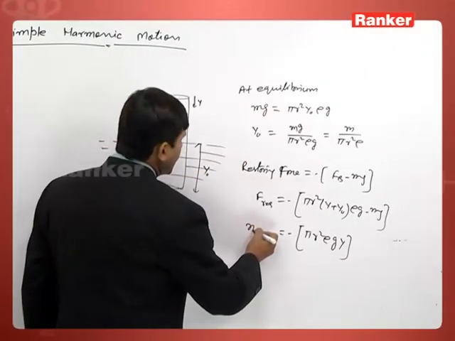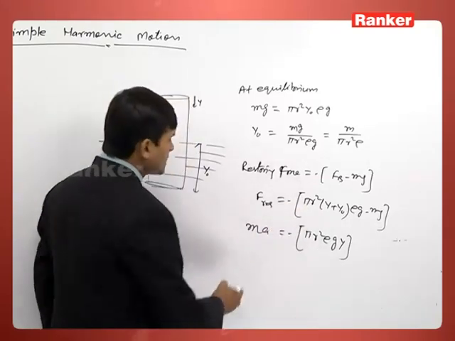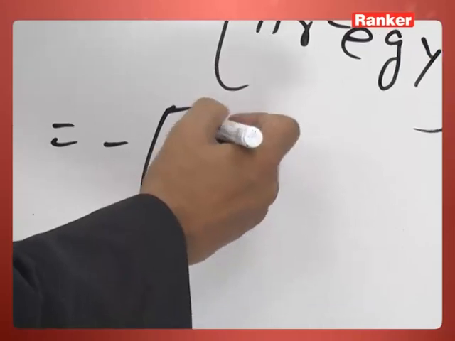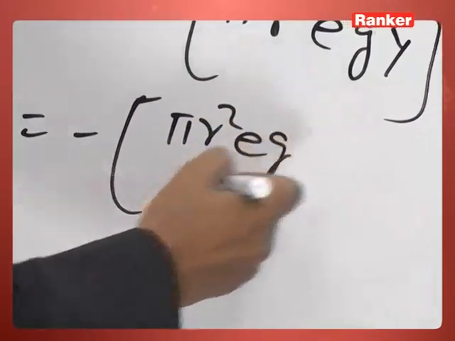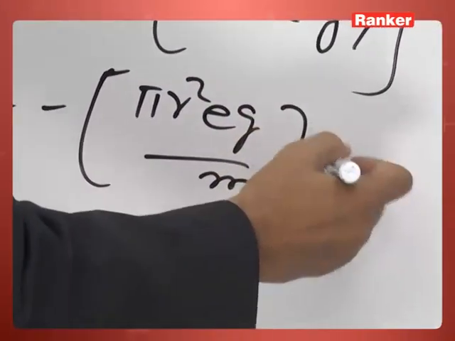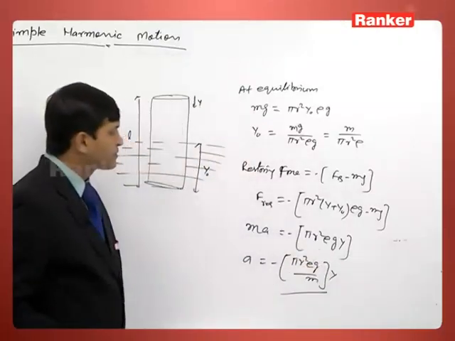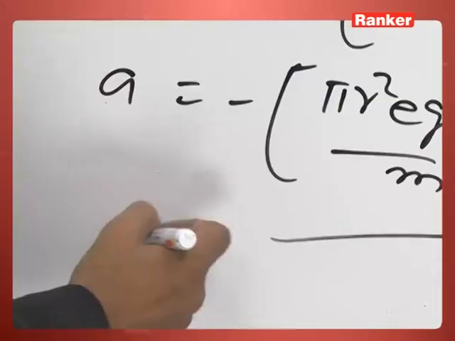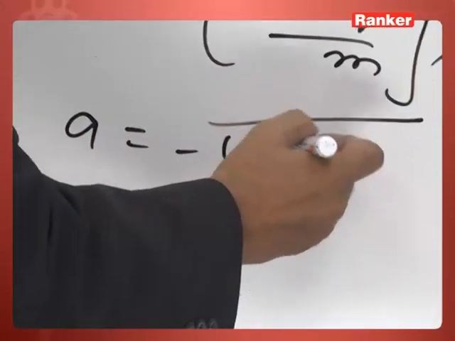This is equal to m into a, acceleration. So a is equal to minus pi r square rho g by m into y, and this is omega square. So a is equal to minus omega square y.